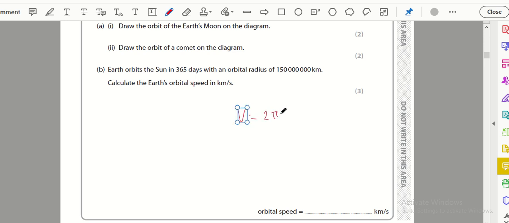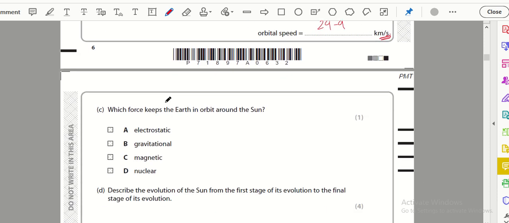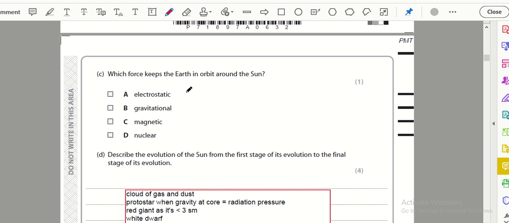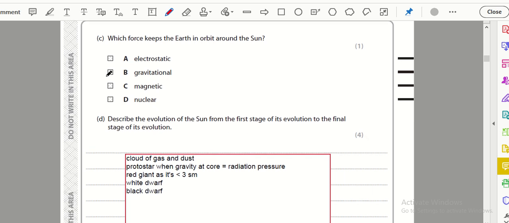V equals 2 pi r over t, so 2 pi times 150 million, over t, which is 365 times 24 times 3600 to convert it to seconds as it is required in the answer. The force that keeps Earth in orbit around the Sun is the gravitational force.